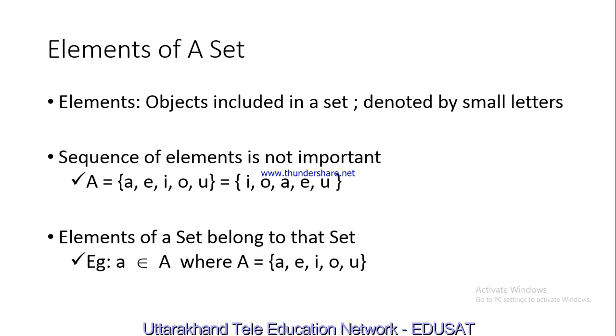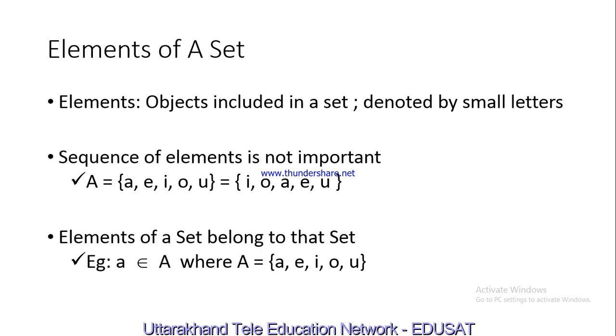So we have given the example a. Now this is the symbol for belongs to. So a belongs to A. Small a means the element in the set, while the capital A means the set. So small a, this element belongs to the set A, shown by capital A, where A is this particular set.